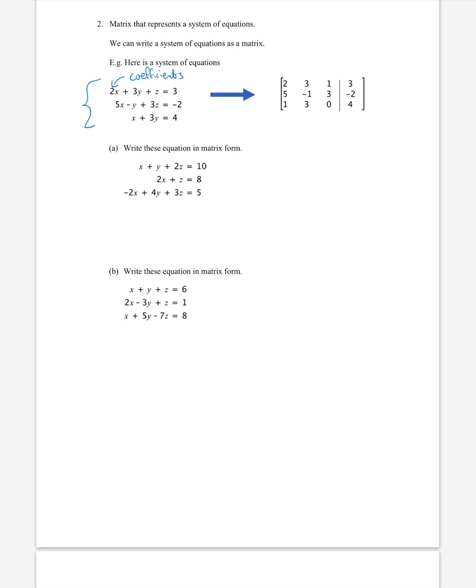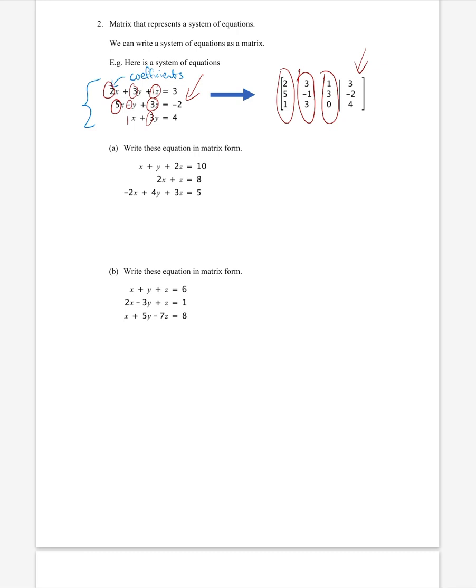So 2, 5, and 1, you can see that's the first column there. 3, minus 1, and 3, the second one, and then the third one is 1, 3, and there's actually no term for z, which means it's a 0. And then the answers on the right hand side are placed over there.